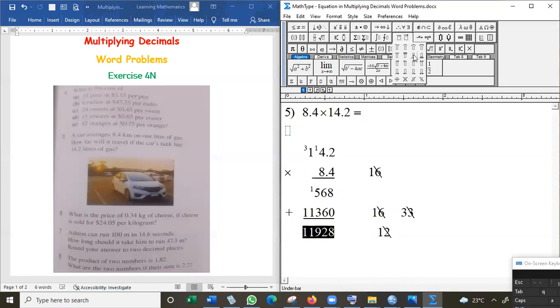Please write this down. Now we have to count the decimal places. Only 2 decimal places. 1 for the 14.2 and 1 for the 8.4. So we have 2 decimal places. 119.28 kilometers.